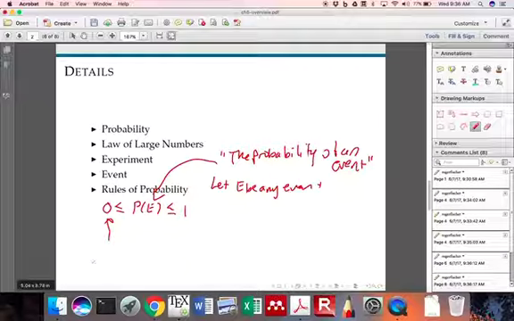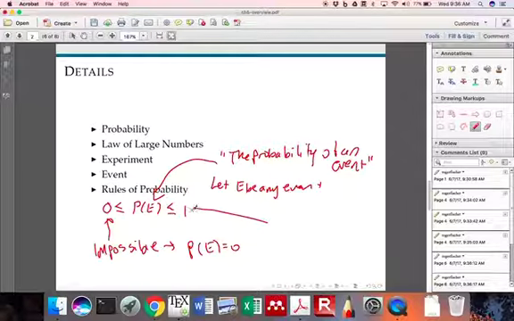If an event is impossible, probability of that event equals 0. If an event is certain, probability of the event equals 1. And the probabilities are allowed to range anywhere between 0 and 1, including 0 and 1.